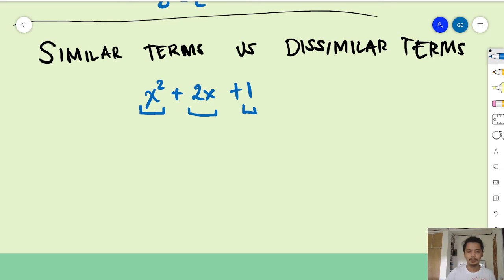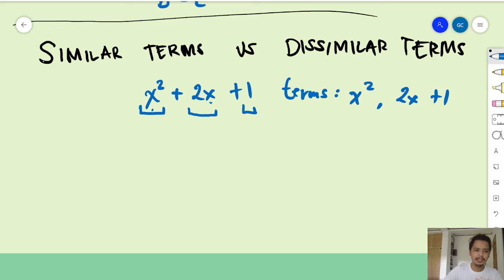For this example, makikita nyo kasi parehas na may x yung x square at saka yung 2x, tama ba? But not necessarily that they are similar terms. For terms, or yung numbers, kasi sabi nga natin, ano yung mga terms dito? Mga terms ng expression na to ay yung x square, yung 2x, tsaka yung 1.